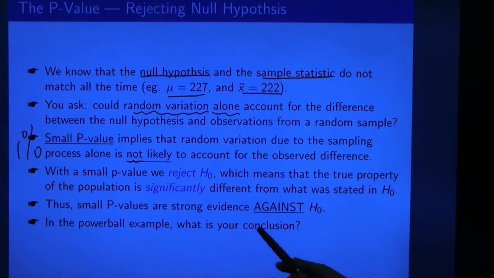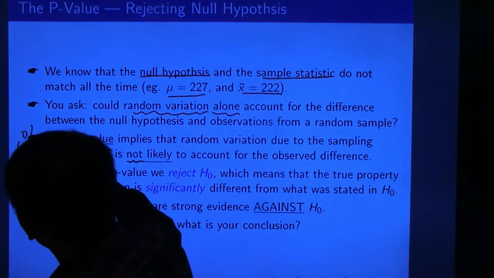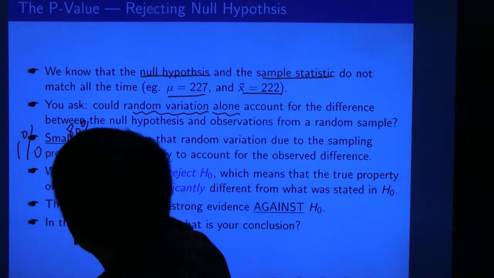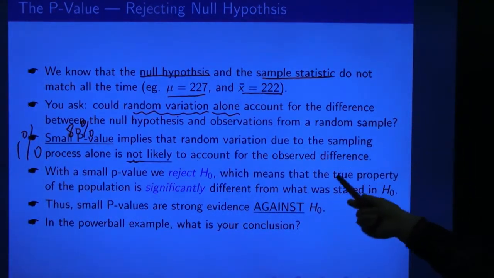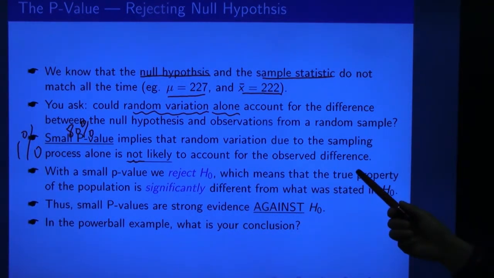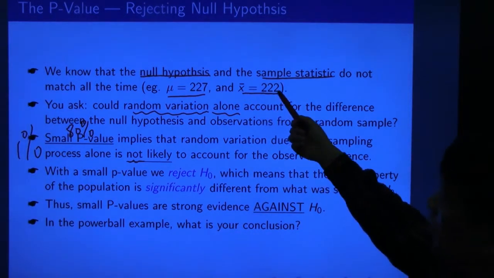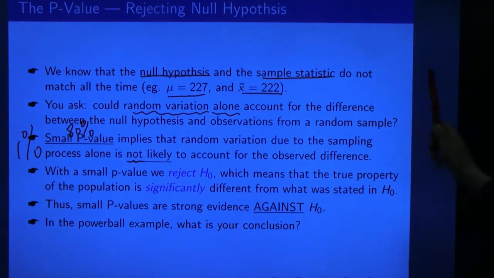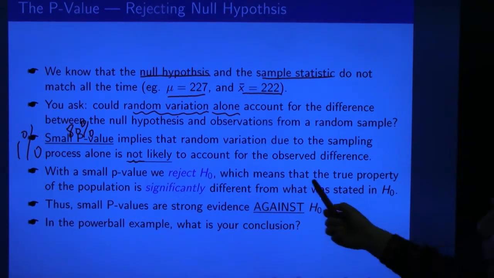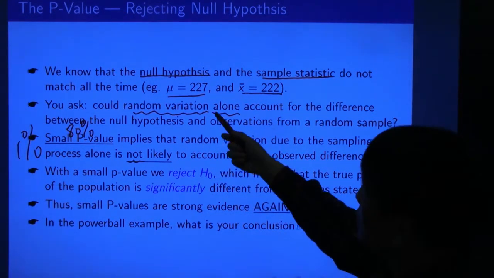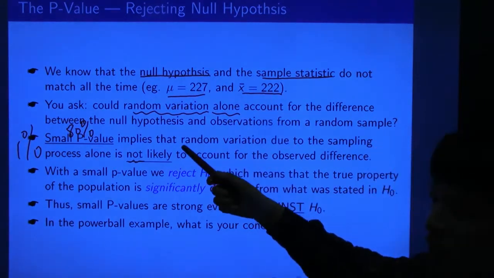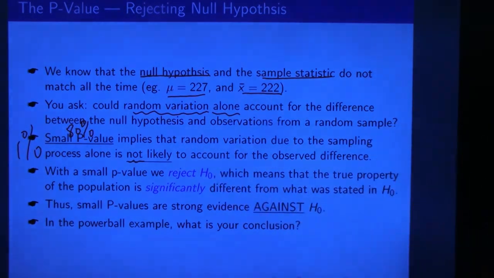How about if the p-value is very large, for example 80%? If it is 80%, that means if the population mean equals 227, you are very likely to get a random sample like yours. So that is possible. The difference may be just due to random variation, so we don't need to calibrate the machine.